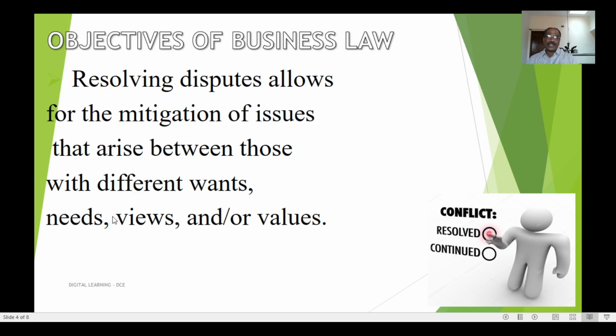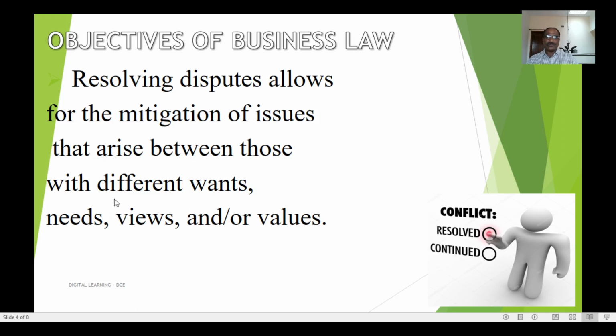If disputes are created between business people and customers, they can be resolved with the help of business law, because the law consists of a set of rules and principles, and according to those rules we can take legal action against the manufacturers.